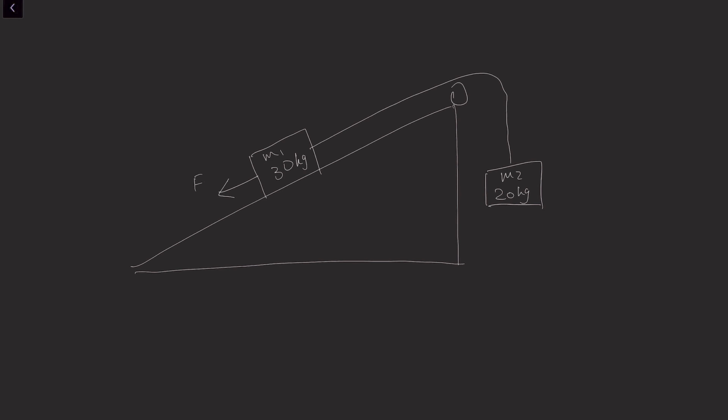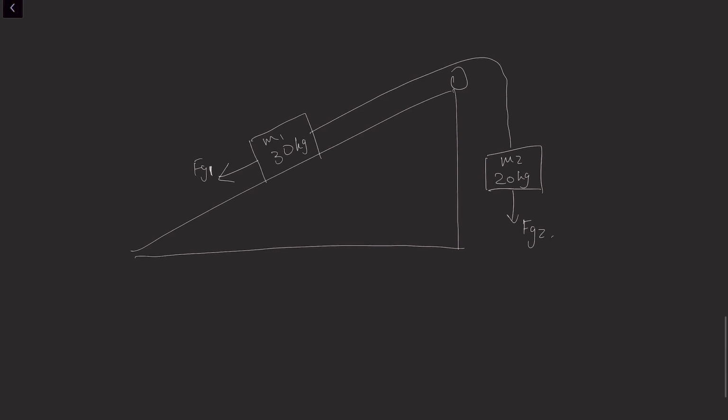Force diagrams are the same. And Fg2, we are ignoring the tension right now because we're not looking for the tension. Again, this is the positive direction, so our net force is the positive direction minus the negative direction.